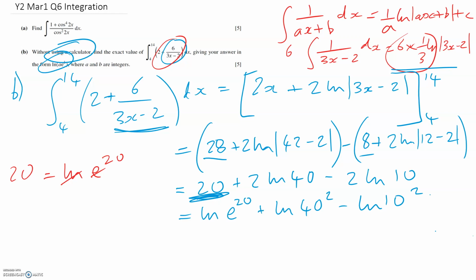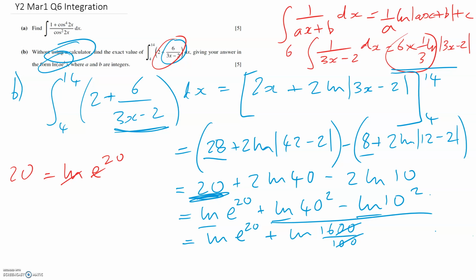And now we've got ln of something plus ln of something else minus ln of something else. If we deal with these two first, this will be ln of 1600 over 100, which is ln 16, and leave that as it is for now. And now we're adding the two logs together.